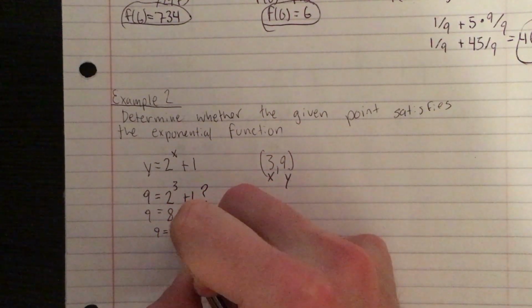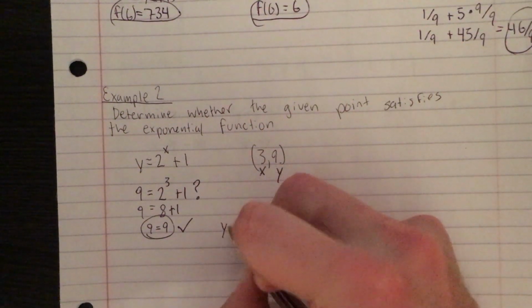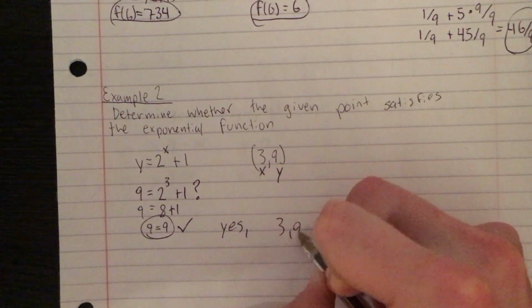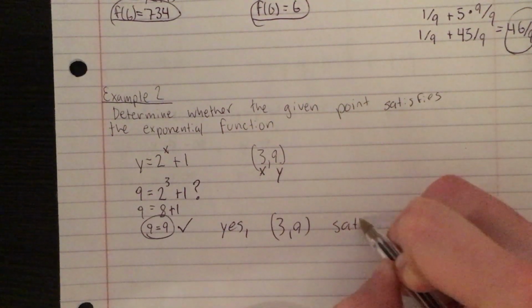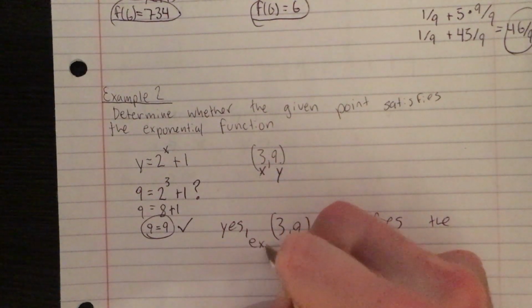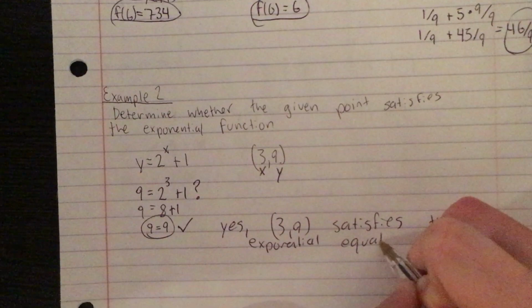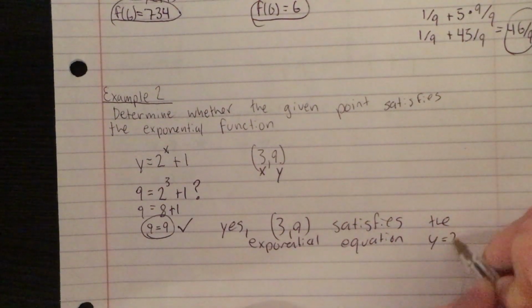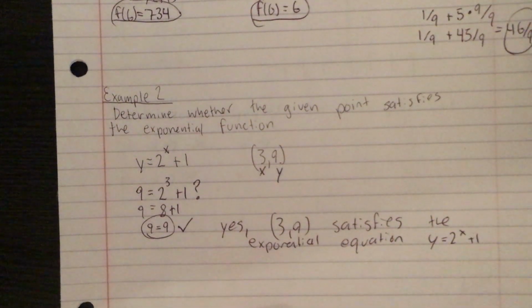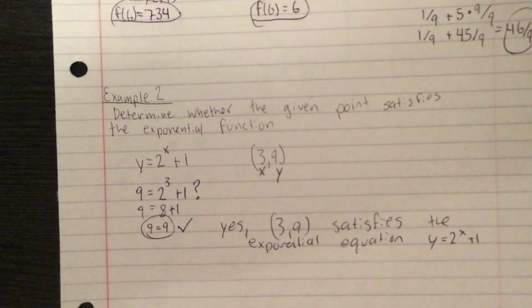So that means 9 equals 9, and that works. So yes, (3, 9) satisfies the exponential equation y equals 2 to the x plus 1. I'm sure I didn't have to write all that out, but just to give us some clarity.